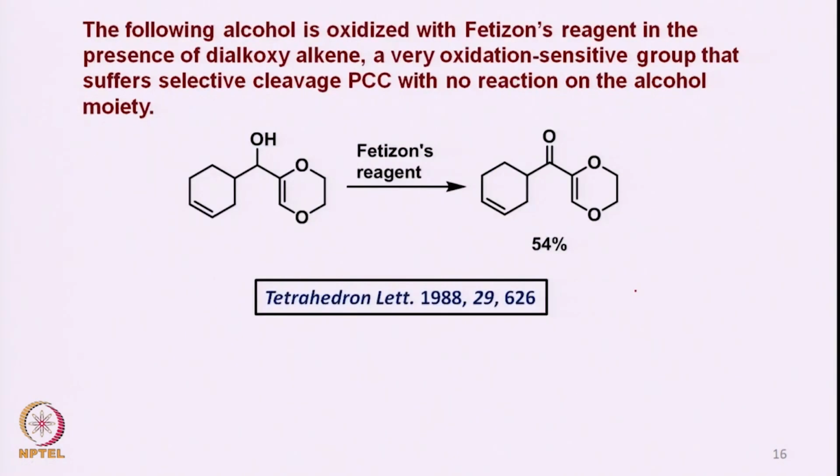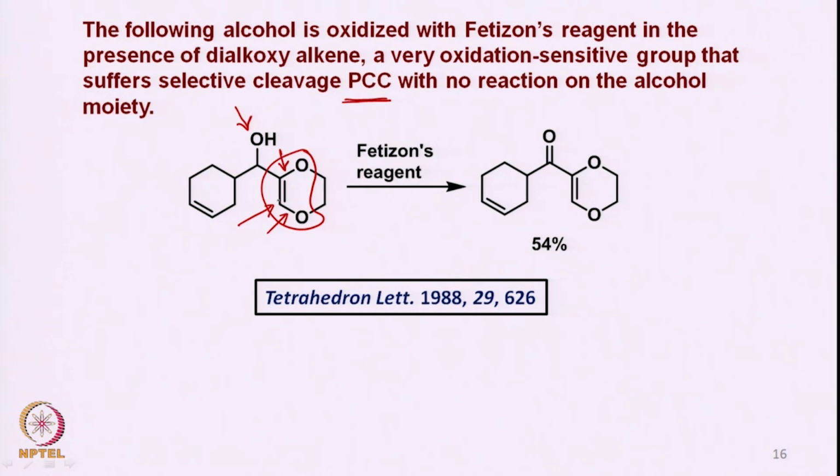Now, the following alcohol is oxidized with Fetizon's reagent in the presence of a dialkoxyalkene. This is an example where we have this dialkoxyalkene. There is an alkene on which you have two alkoxy groups present. So, this is a very reactive substrate, and of course, when it was reacted with PCC, there was cleavage of the CC bond and there was no oxidation of the alcohol.